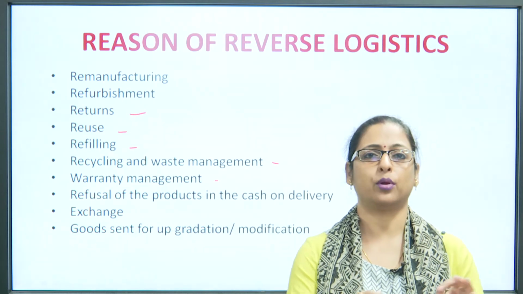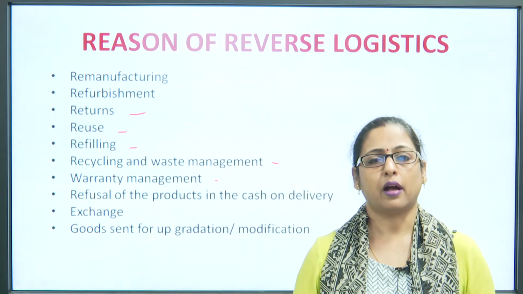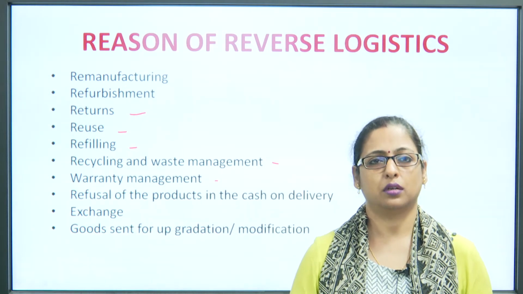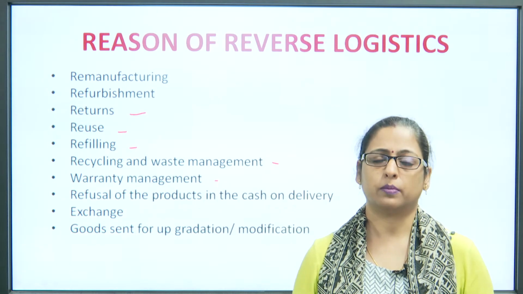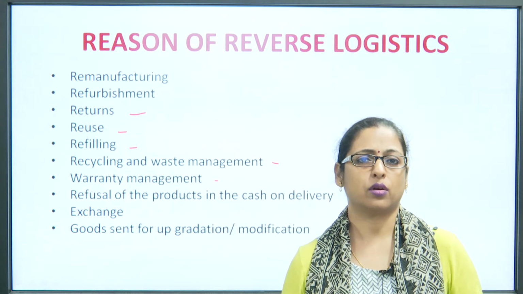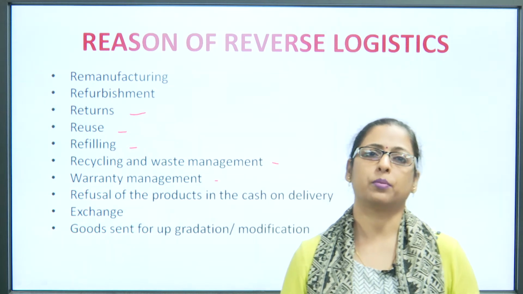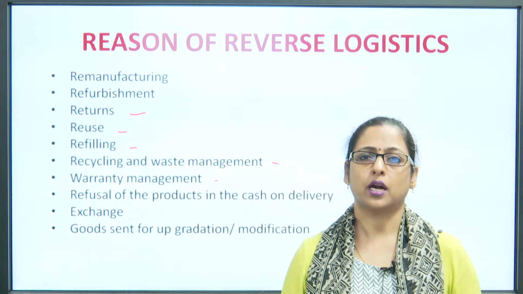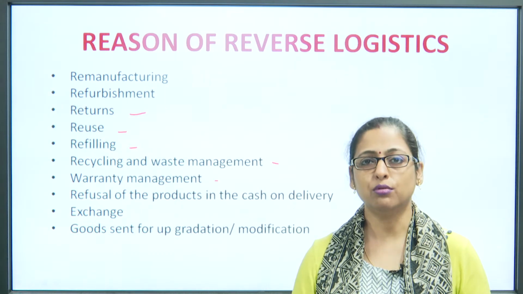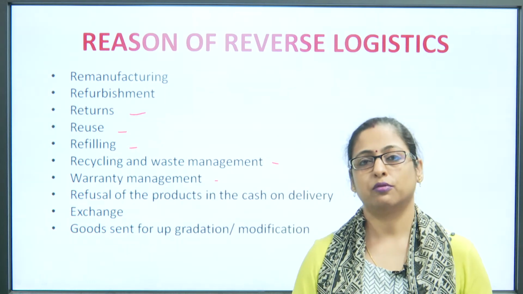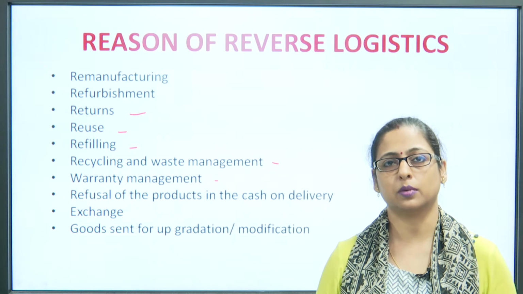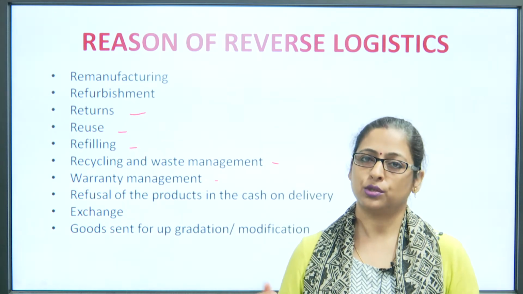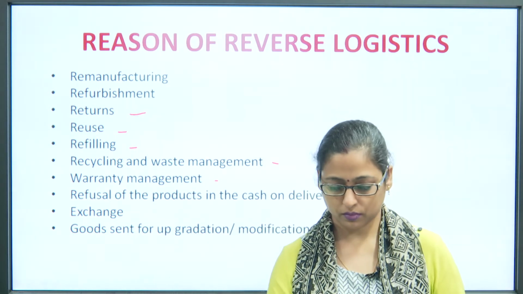So, I may give my laptop to a retailer and ask them to send it to the manufacturer or some other place for remodification or addition of certain features or upgradation. So, these are the various reasons due to which companies are nowadays forced to provide a new channel which would help the customer send the products in the reverse order.